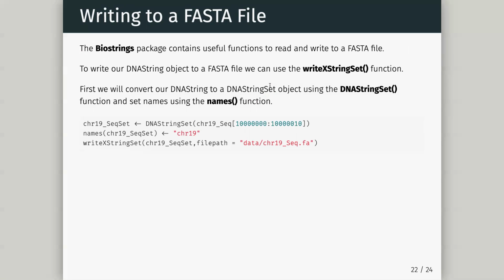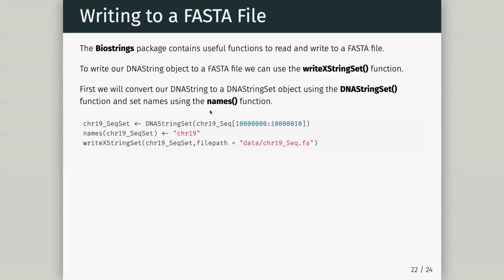But the reality is you're not often going to be able to just accept, I will use this reference for my project while the rest of my lab uses another reference. It's just not practical. So there are ways to create whole Biostrings packages yourselves, but often you just don't need to. You just need to be able to create a DNAStringSet which contains your chromosomes.